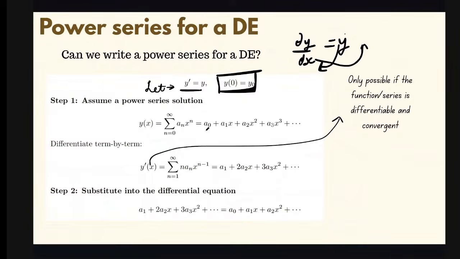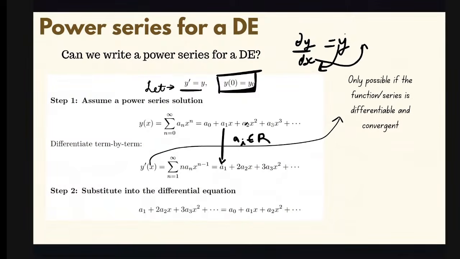So you have y of x is equal to a naught plus a1x, where ai is an element of R. Remember that. For this case, we'll take ai as an element of R. So we have a naught plus a1x plus a2x squared plus a3x cubed and so on. Now take y dash of x when you differentiate term by term.